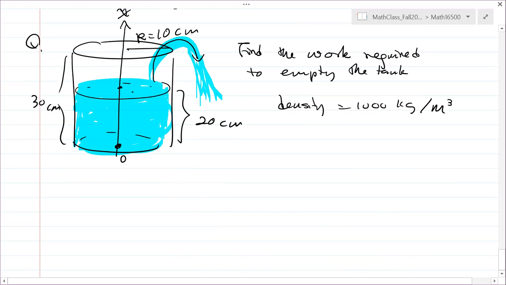Now we use centimeters. Be careful when you change the density unit. It's up to you. The density I just simply call rho. If you change it to kilograms per cubic centimeter, for example, you can figure out the number.